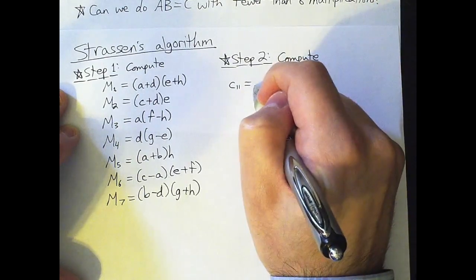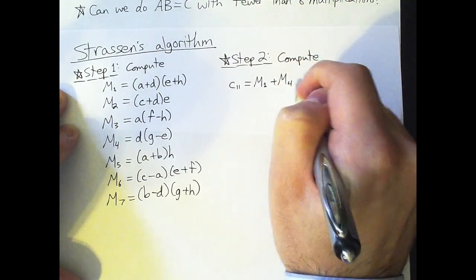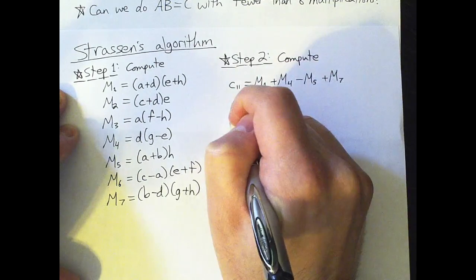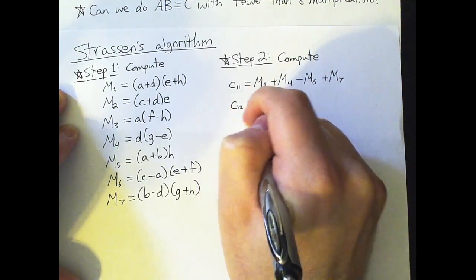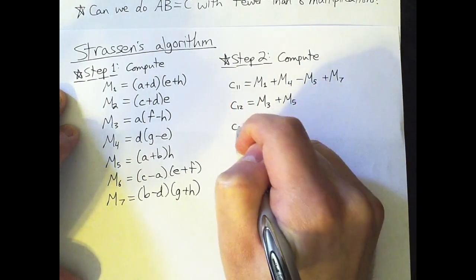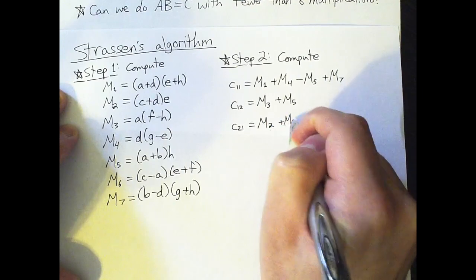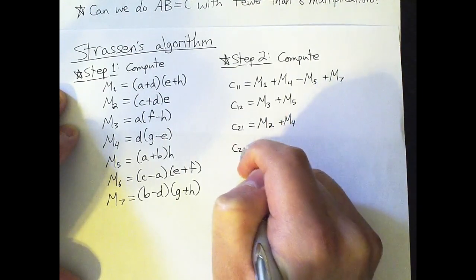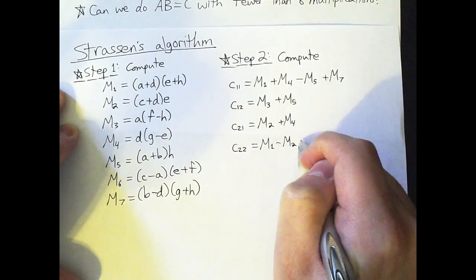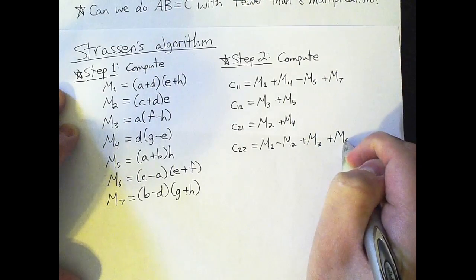So C11 is going to turn out to be M1 plus M4 minus M5 plus M7. C12 is going to be M3 plus M5. C21 is M2 plus M4. And C22 is M1 minus M2 plus M3 plus M6.